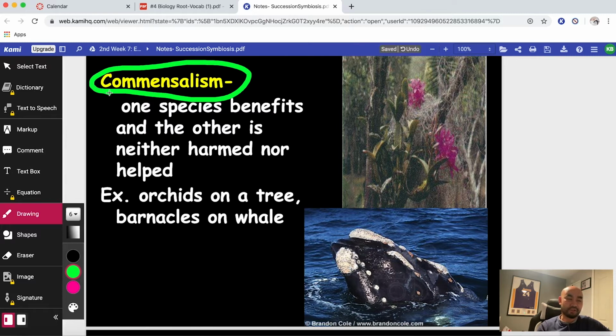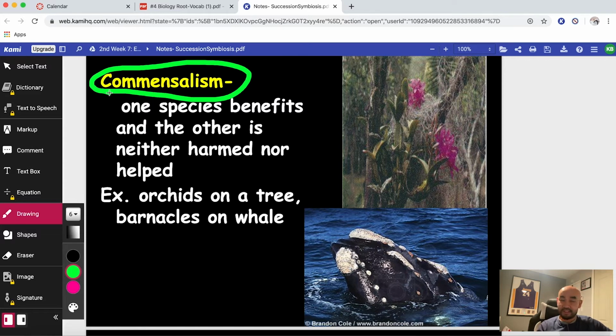How does it affect your life? Think of one example in your life where you have commensalism. One benefits, the other one doesn't care, right? I'm sure some of you are thinking about homework, okay? Your friend finished an assignment, you go borrow your friend's assignment, you benefit because now you can copy, right?